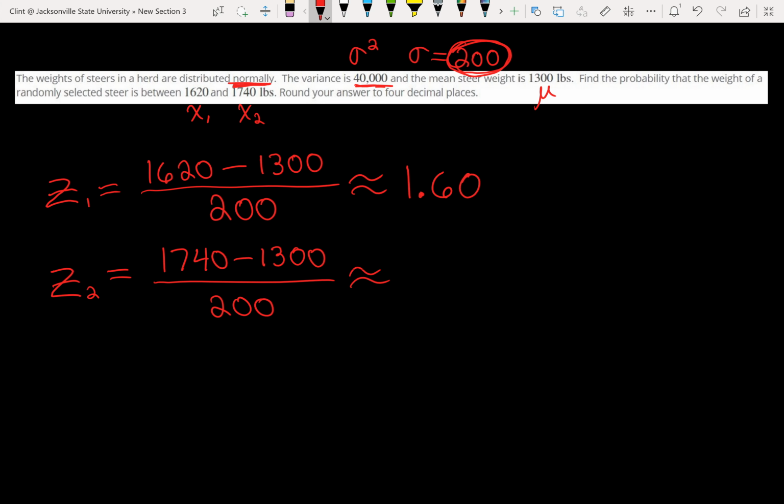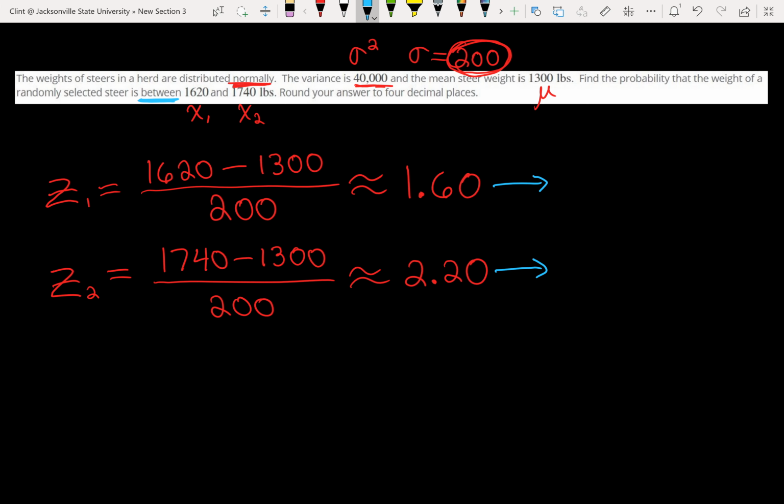So 1740 minus 1,300 gives us 440 divided by 200 gives us 2.2, and making it two decimal places, that'll be 2.20. Okay. So now we want our probability to be between these two z values. So to find the area between two z's, we look them both up, and then we subtract the areas we find.